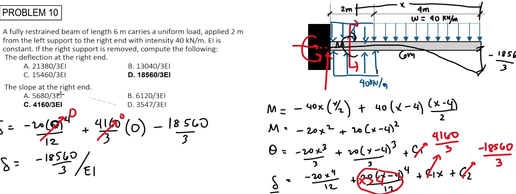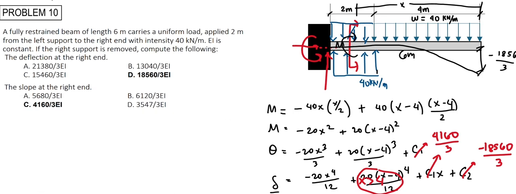And that's all for the slope equation. We'll just set x equal to 0, which is at the free end. So this is theta equal to negative 20 times 0 cubed over 3. And again, we cannot use this expression because it only works for x that is located between this interval, that is x greater than 4, or between 4 and 6 meters from the free end.